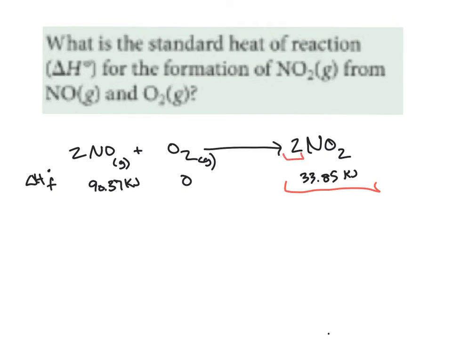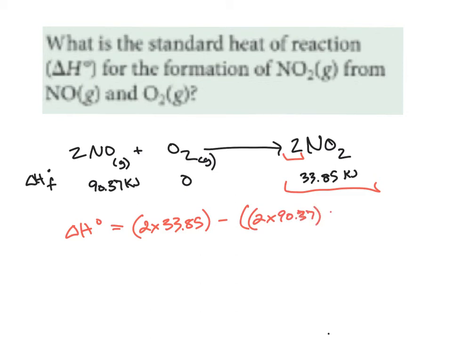So the enthalpy change for this reaction is 2 times its heat of formation, and that's it, because there's only one product, minus, now we have to add together the heats of formation for each of the reactants. You have, again, 2 times 90.37.